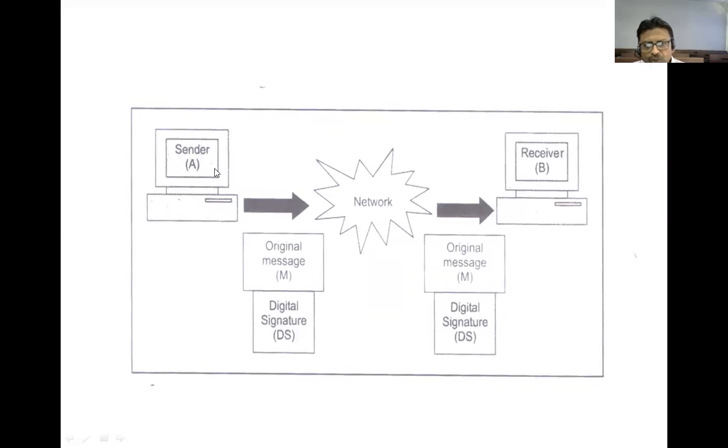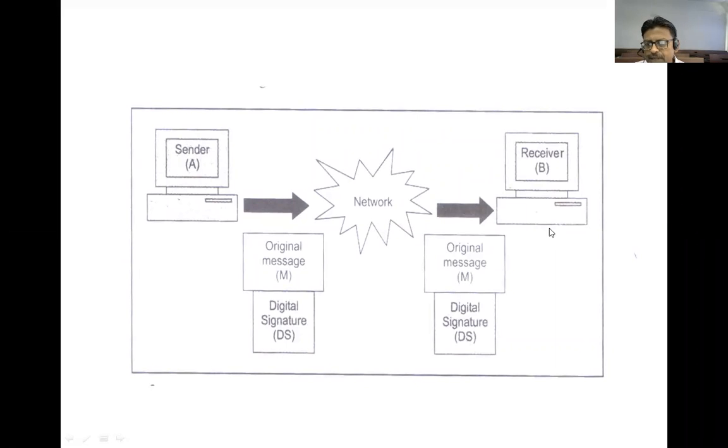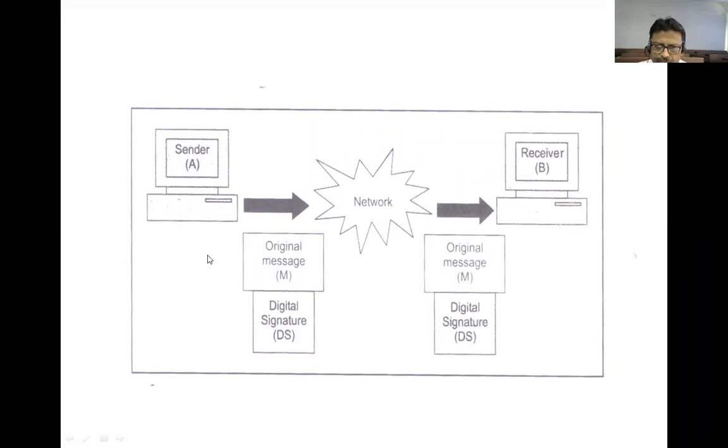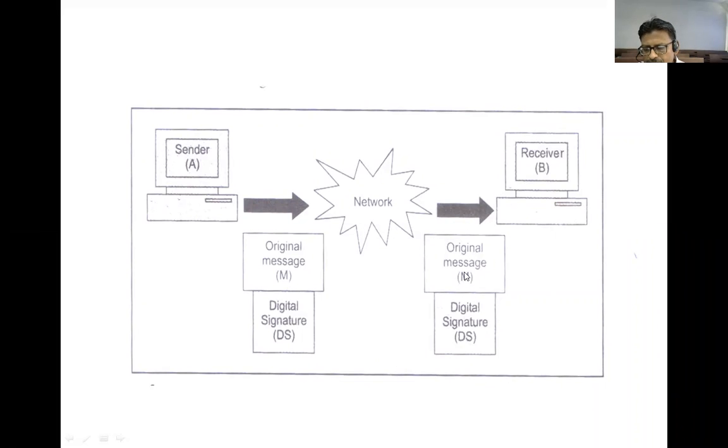Then the sender keeps the original message along with the digital signature and sends it on the open network, and it is received by B. Now, how will B be able to authenticate that this message came from sender A? It will receive the original message as well as the digital signature.